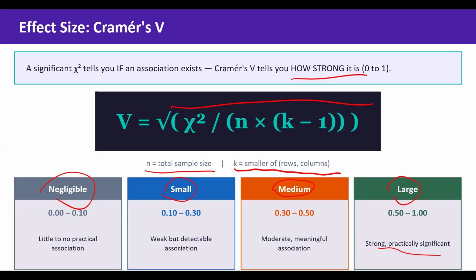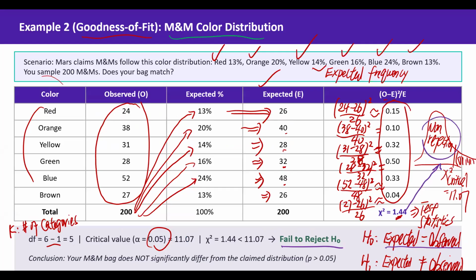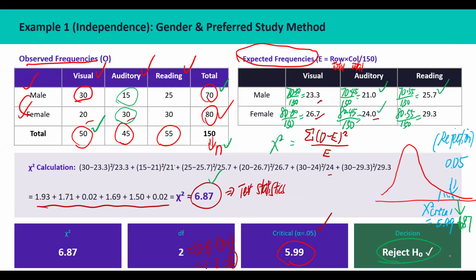So if you look at the gender study method test, you go back a little bit. Gender study, this one. So chi-square is 6.87, N is 150, and K we're going to use 2 because the row has only 2 levels, using the smaller one.